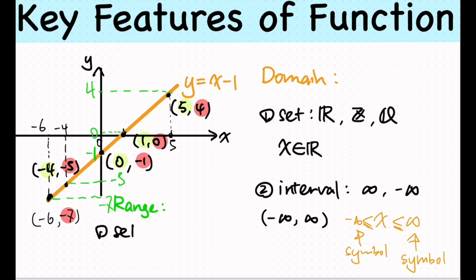Either we use the set notation, so y is an element of the real number set, which means y can be any real number, or we use the interval notation. All the real numbers means that y takes any value between negative infinity and infinity. So we use parenthesis negative infinity, comma, positive infinity, parenthesis to represent the range of this function.